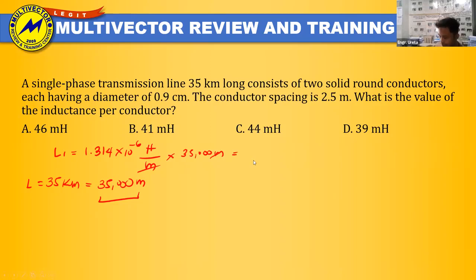So times 35,000, it is actually equal to, in scientific notation, 45.99 times 10 raised to negative 3 Henry, which is equals to approximately 46 millihenry.